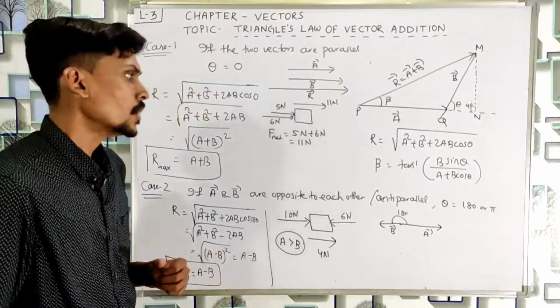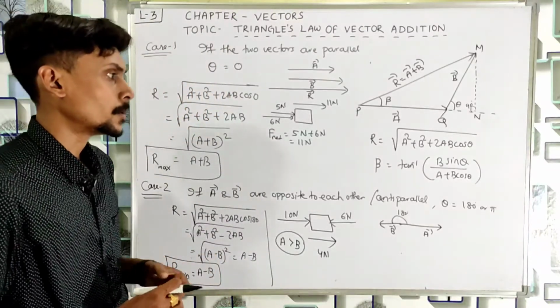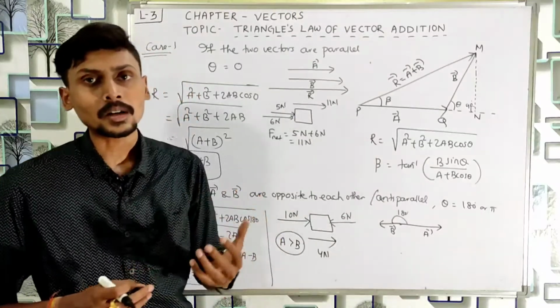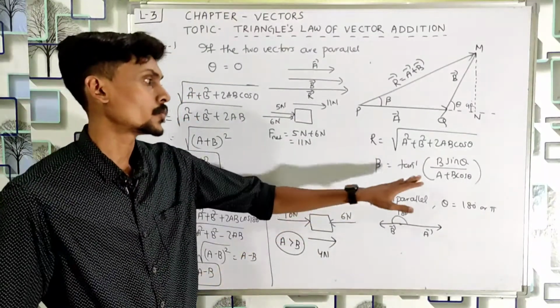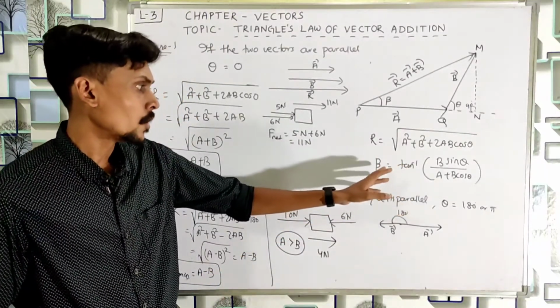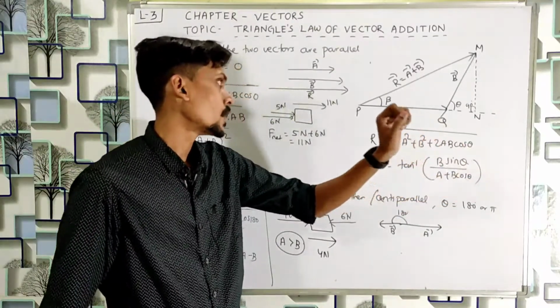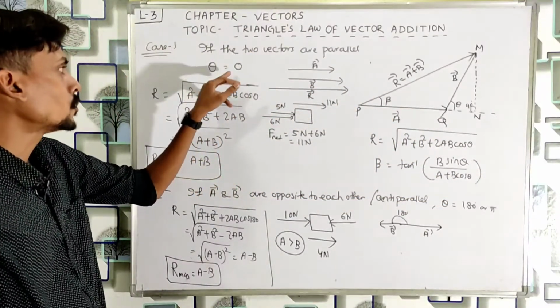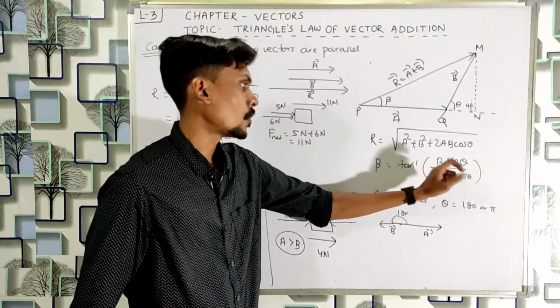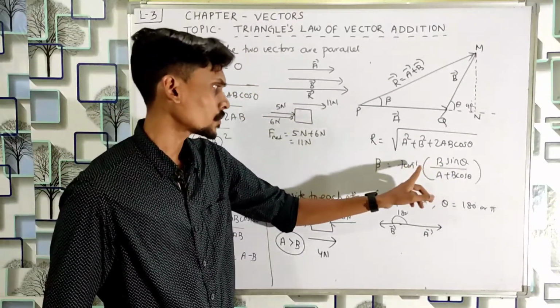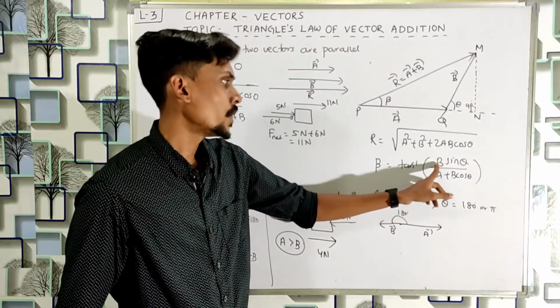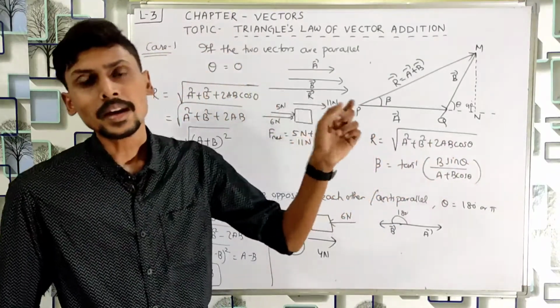Is that clear? You can also find the angle between the resultant and vector A from this formula. In the first case we have taken theta equal to 0. So if you put theta equal to 0, then you will get tan inverse of b into sine 0.